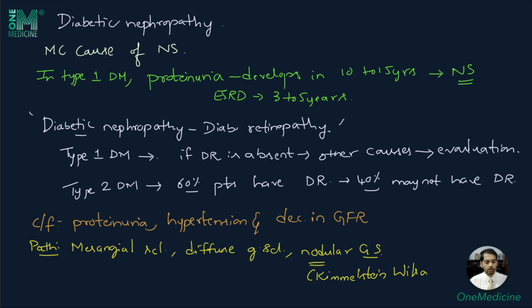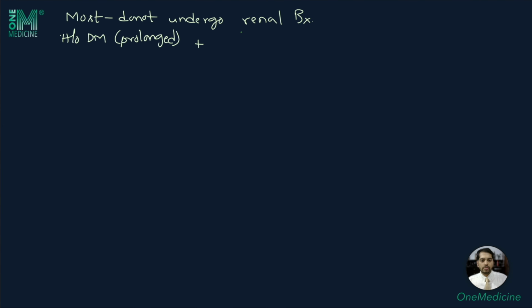Most of the patients do not undergo renal biopsy. A history of diabetes that is prolonged and an added feature of albumin excretion in the urine usually gives a diagnosis of diabetic nephropathy.